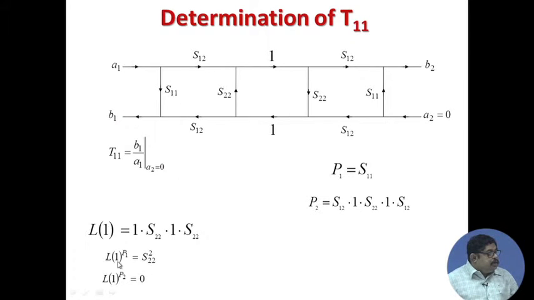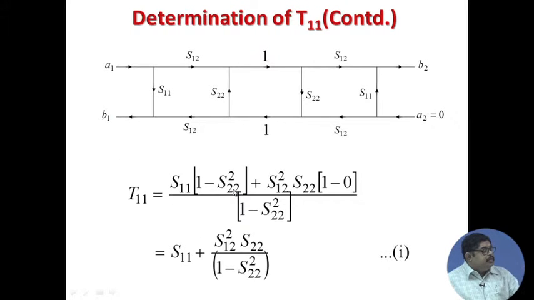Now, let us also see whether L1 is non touching with P1, that means first order loop non touching P1. P1 is this path and this is the first order loop. So, obviously, they are non touching. What is the value of that? This loop, its value was this. So, L1 P1 will be S22 square, the value of this loop, and for L1 P2, P2 is this path, but this loop is touching that path, that is why L1 P2 is 0.